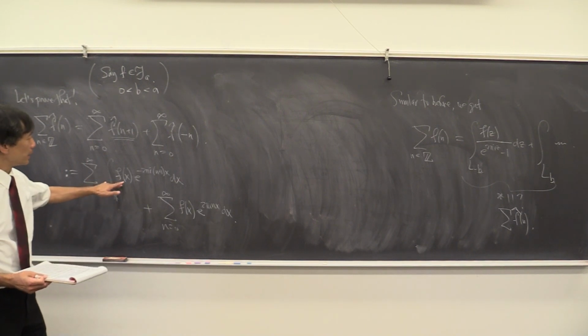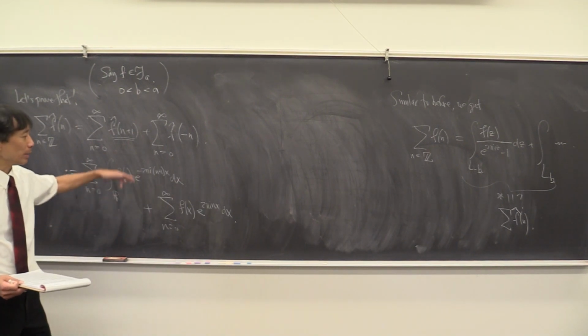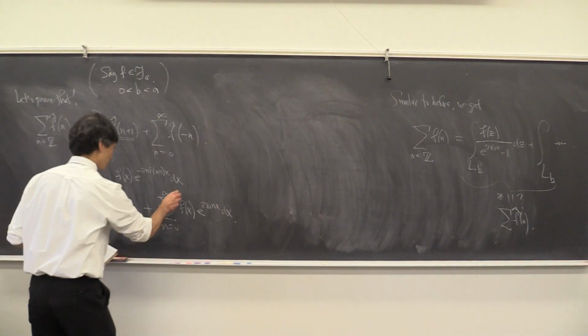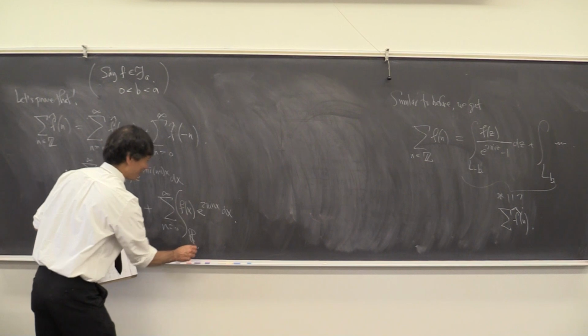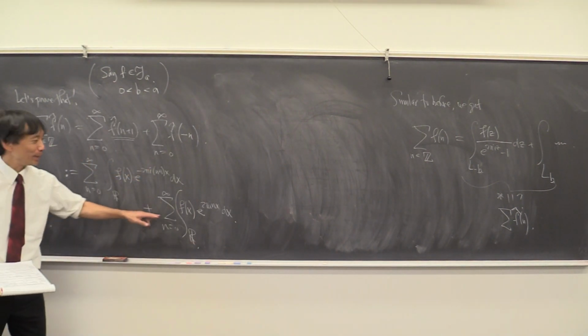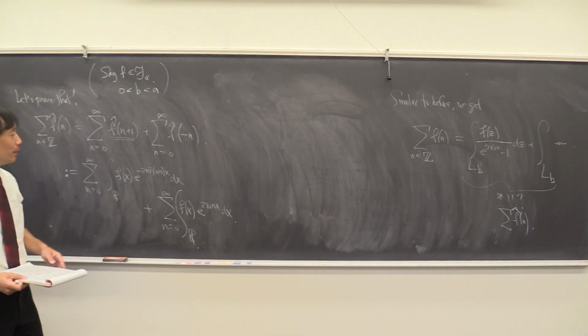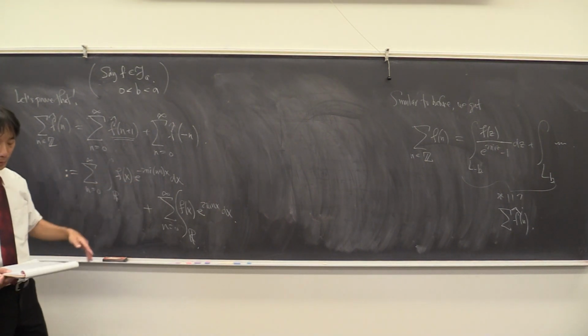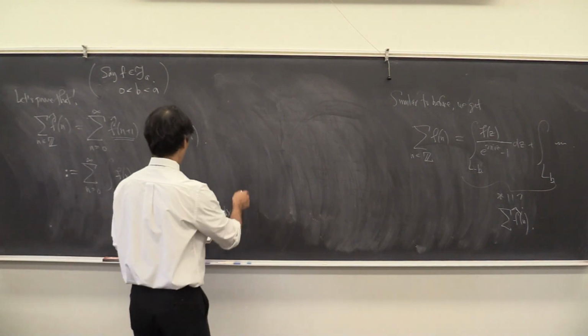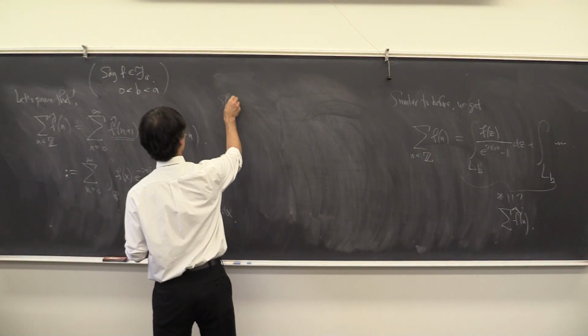We're going to shift this guy's contour by b down. Oops. Nobody caught my mistake. Yeah, there should be an integral there. Okay, we're going to shift this guy's contour down and the other guy's contour up. So again, shifting contours.